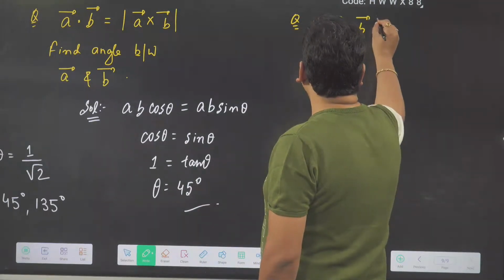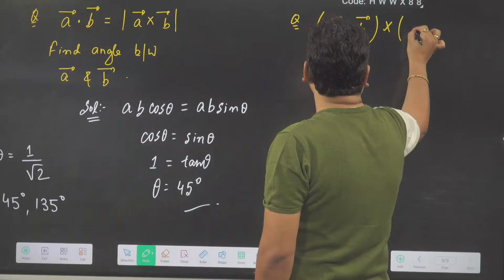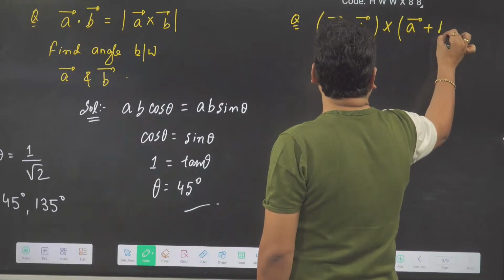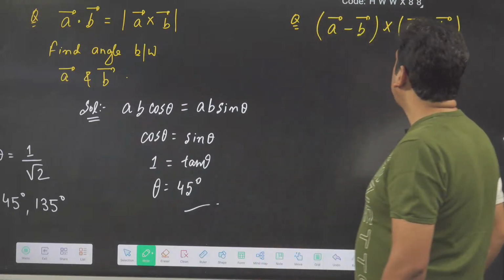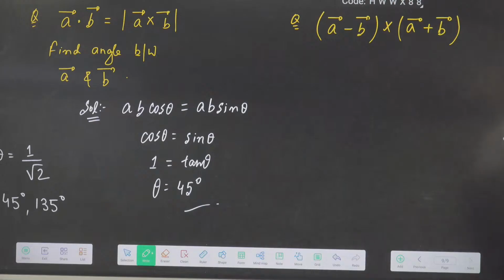A vector minus B vector cross A vector plus B vector. Tell me how much it will be. Or do one thing.